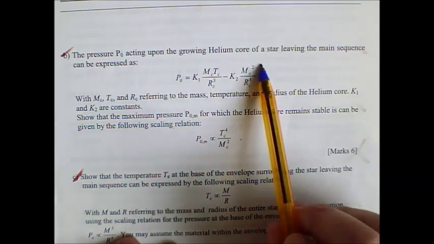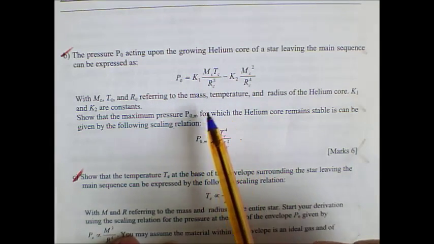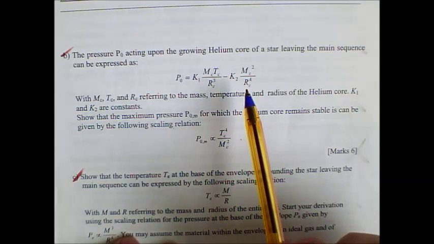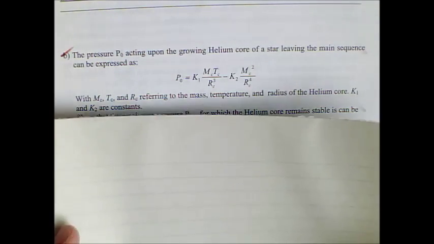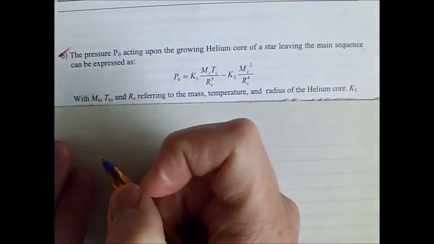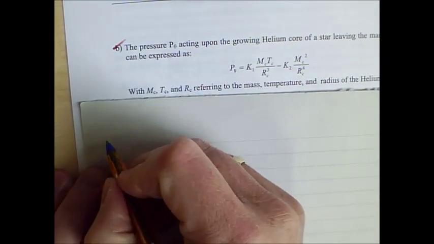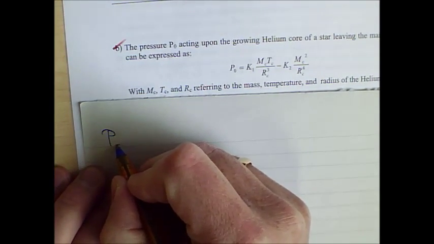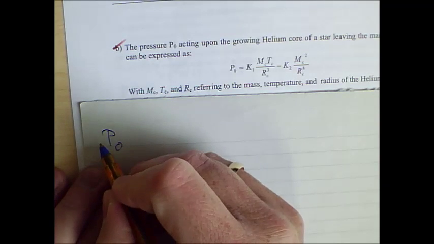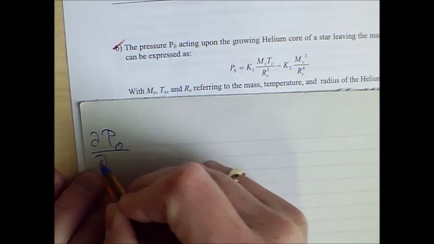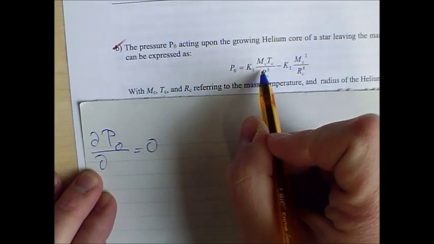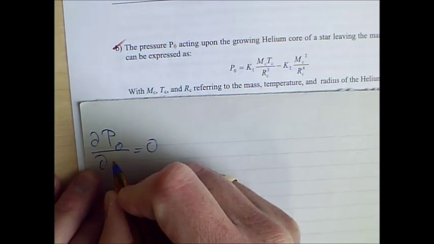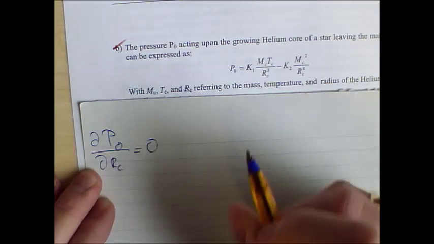Now, it's the maximum pressure. We've got an expression for the entire pressure, so all we need to do is find the extreme value for this equation. So for P0 we're looking for the derivative being 0 with respect to the variable here, which is the radius of the core.